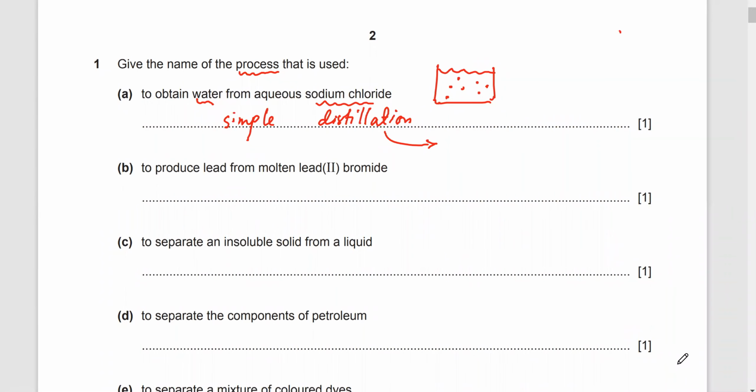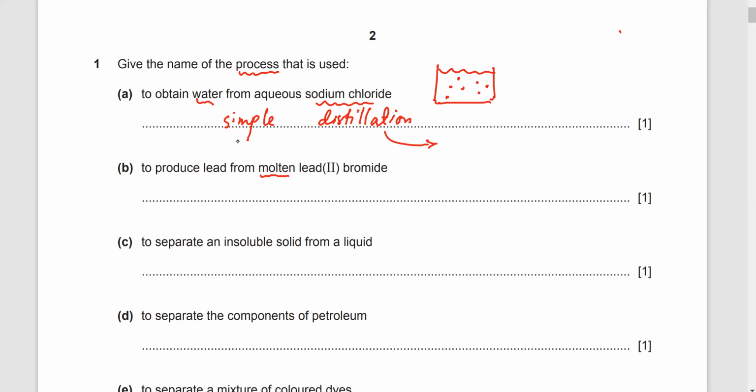Yes, sir, it is. Ajay, so now this one. How would you produce molten lead bromide? I'm assuming they want to melt it. What's the process called when you melt lead bromide?